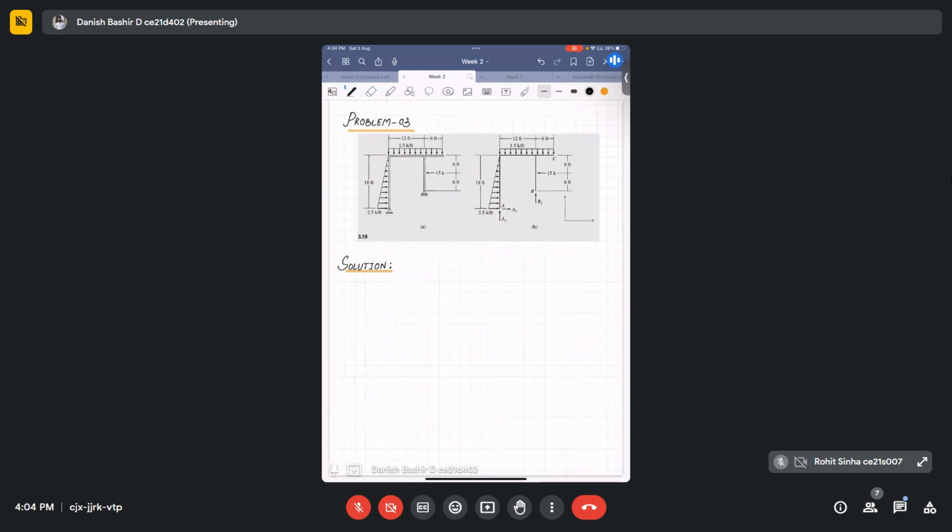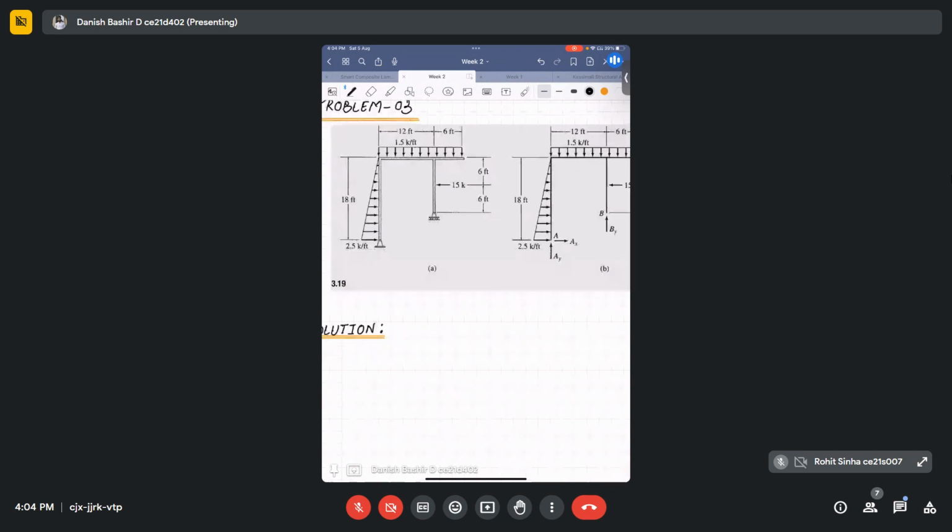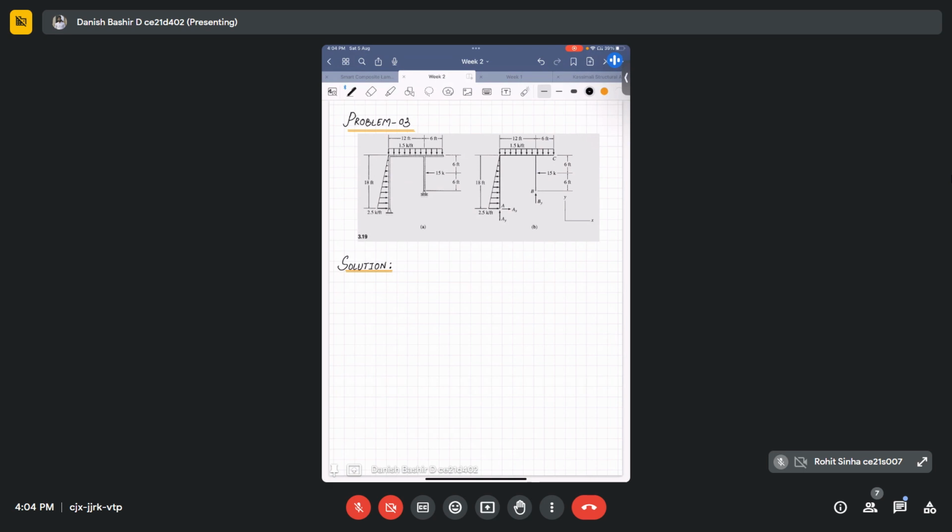Here is another problem. It's a frame type structure. For this frame type structure, it is being acted on by one triangular load. Here again, I will consider ft is equal to meter, kN is equal to kilonewton.